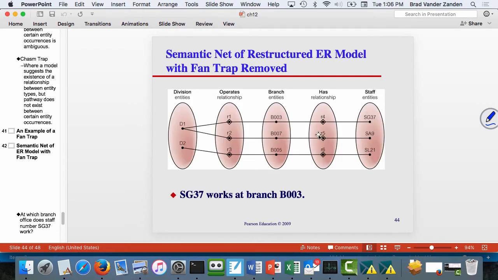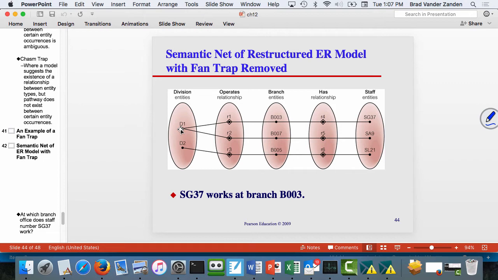So if we look at it now, we see that staff 37 works at branch 03, and we know that branch 03 is in division 1. So now we can answer both questions: which branch does a staff member work at, and which division does that staff member work for?